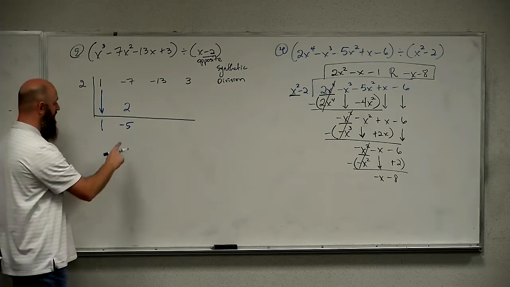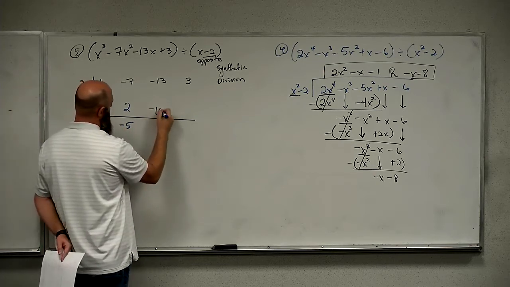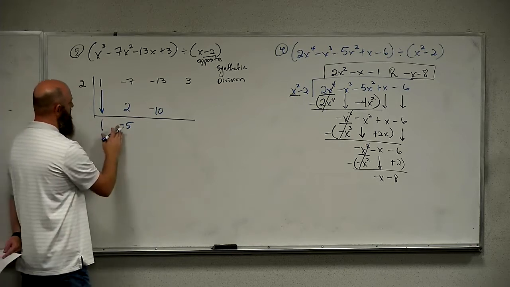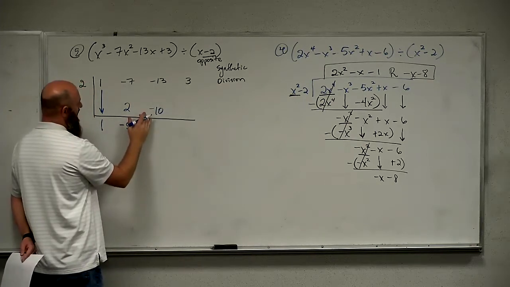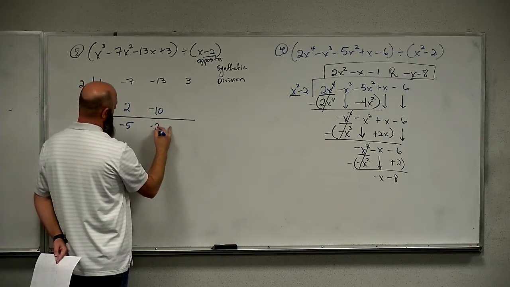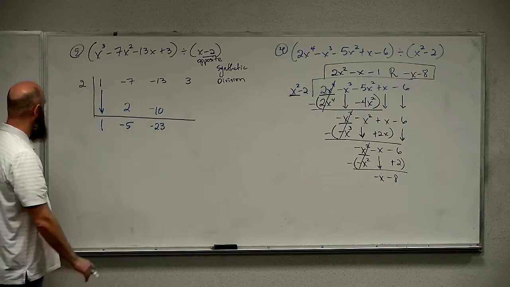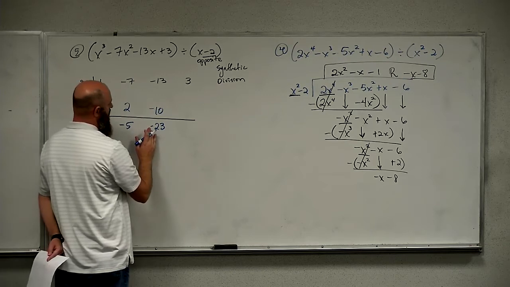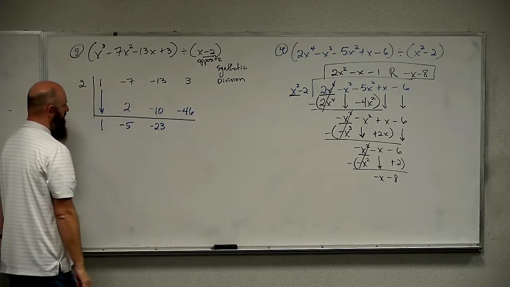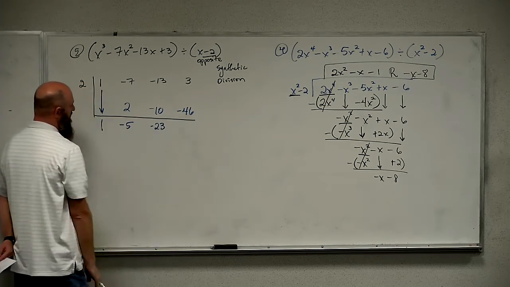Now we're going to repeat the process with -5 here. 2 times -5 is -10. And we're going to add those. So -13 and -10 is -23. 2 times -23 is -46.